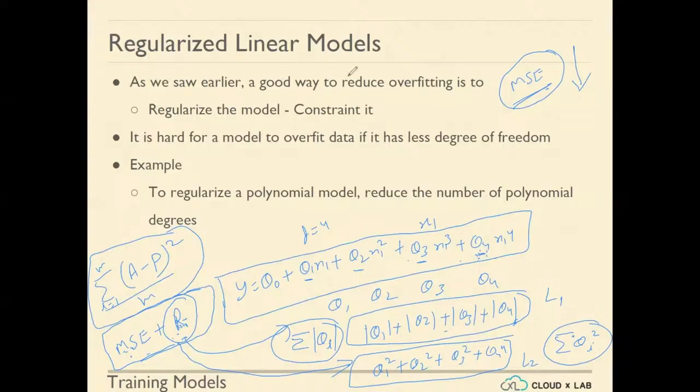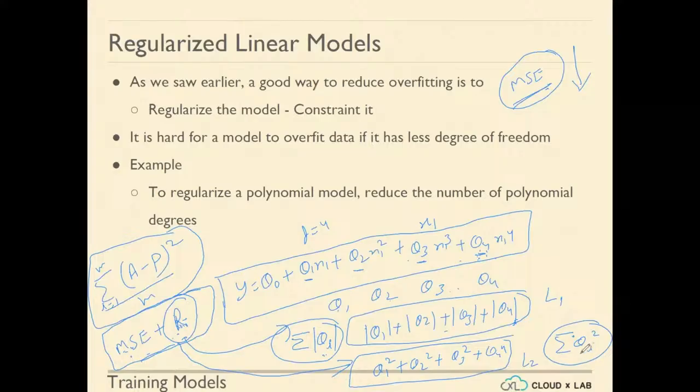Yes, sir. Yes, yes. So let's say theta 1 is 0, theta 2 is 0, theta 3 is 0, theta 4 is 0, all thetas are 0, then what value will we have for our regularization term? 0, right? Because in L1 we are taking the absolute value, and for L2 we are using the square value.